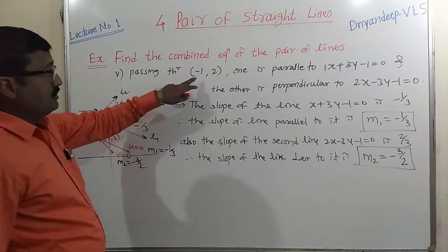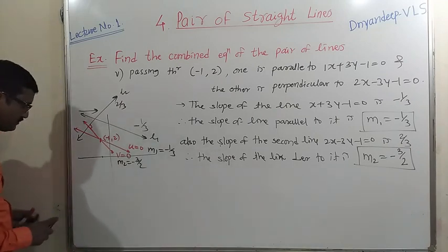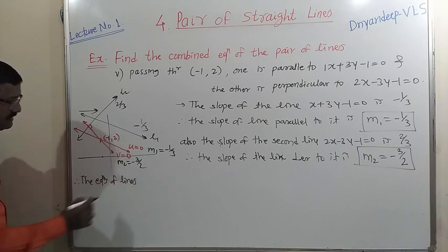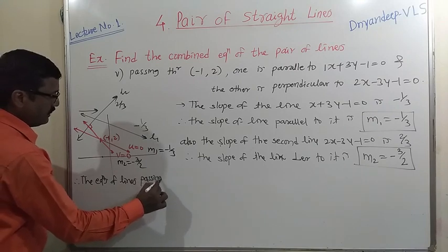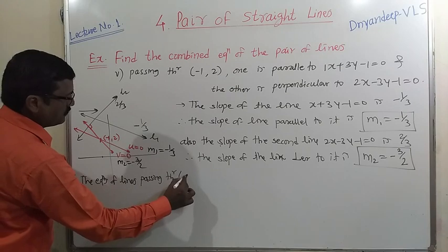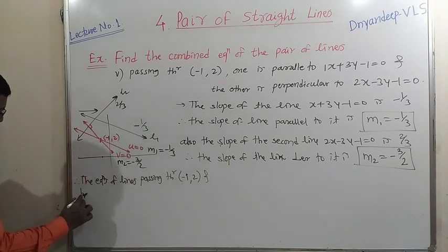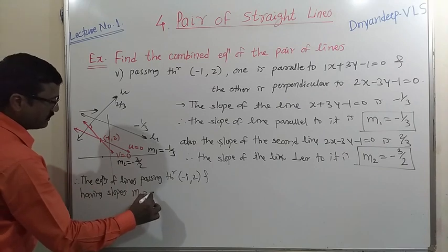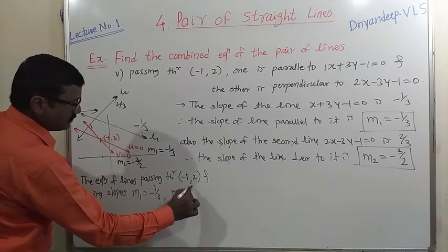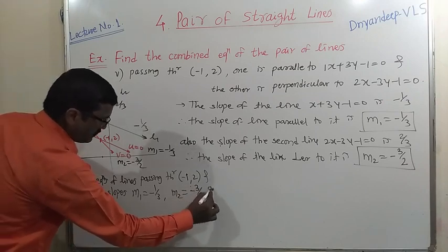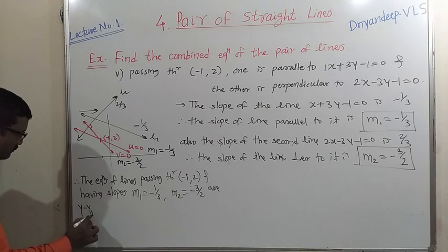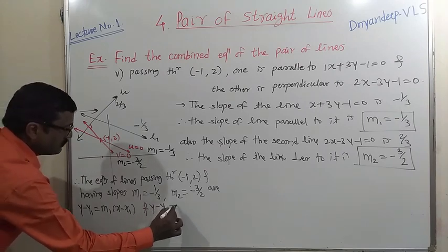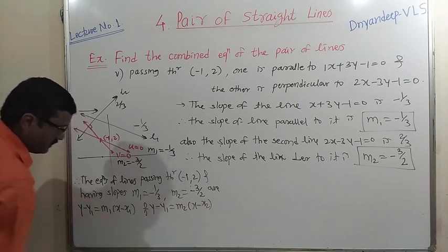Now these two lines pass through (-1, 2). Therefore the equations of the lines passing through the point (-1, 2) and having slopes m1 equal to -1/3 and m2 equal to -3/2 are y minus y1 equal to m1 into x minus x1, and y minus y1 equal to m2 into x minus x1.